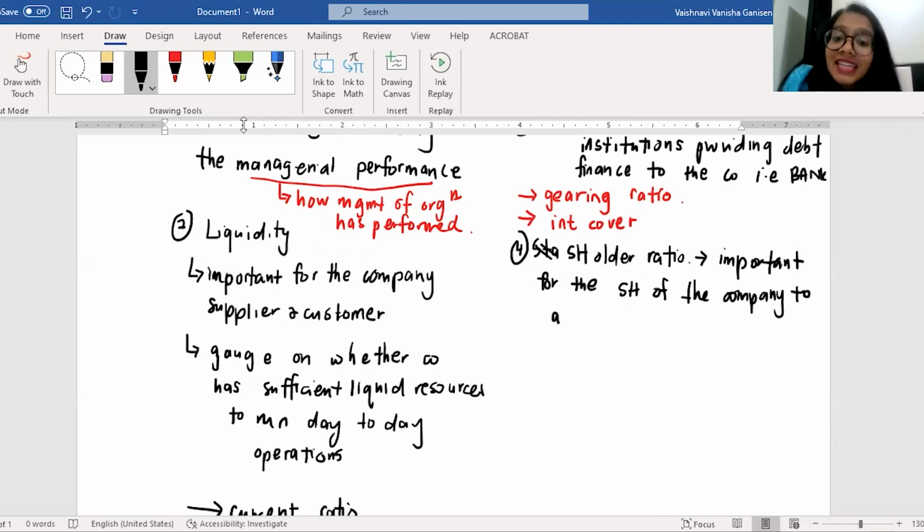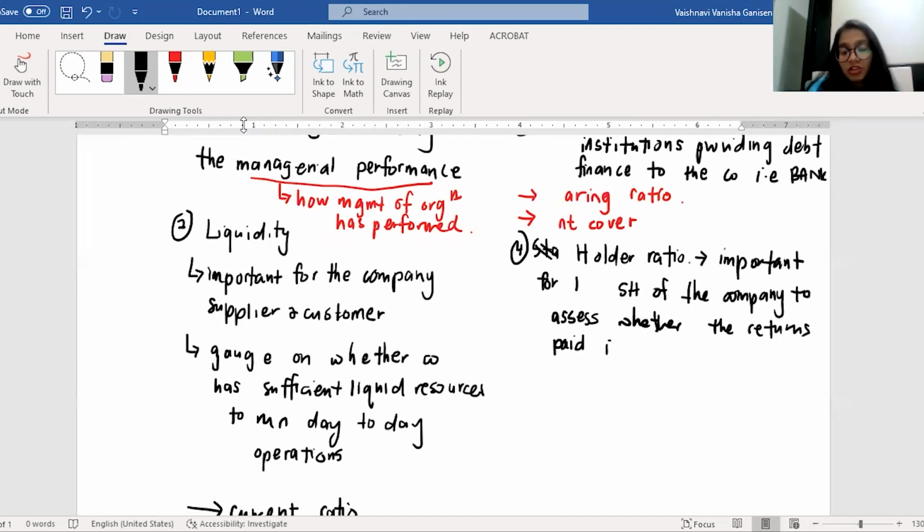to assess the returns paid. Okay. So what are the ratios that we will calculate as part of the shareholder ratio? I think for the most part, I've mentioned a lot of it previously.